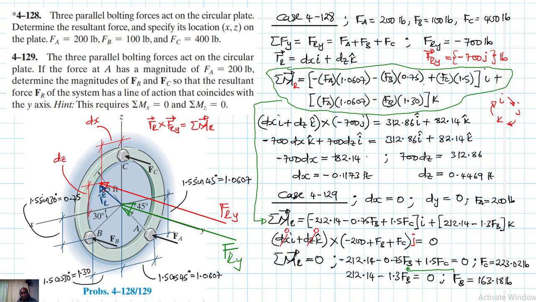So I have this position for the resultant, dx and dz in the xz plane, and then we have the values of FC, which is 223.02, and FB there, which is 163.18. I think this is about it.